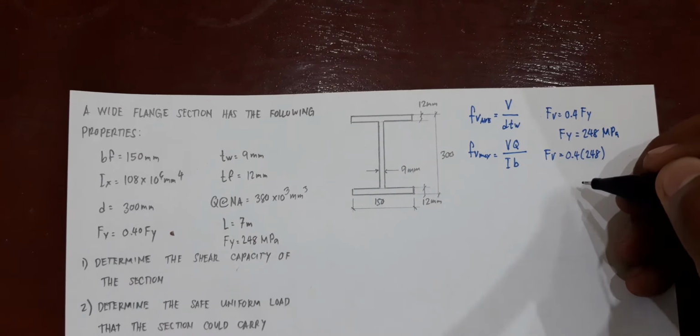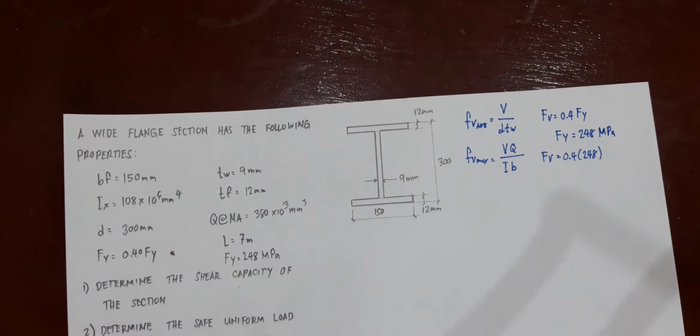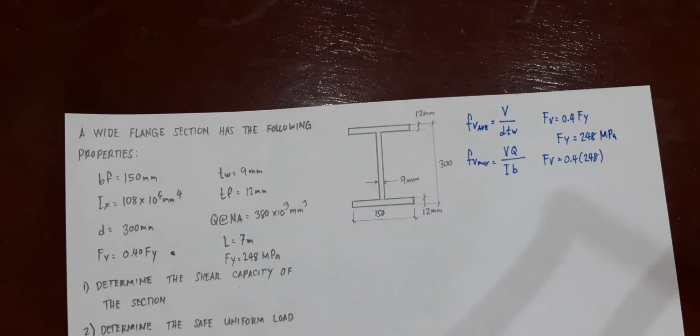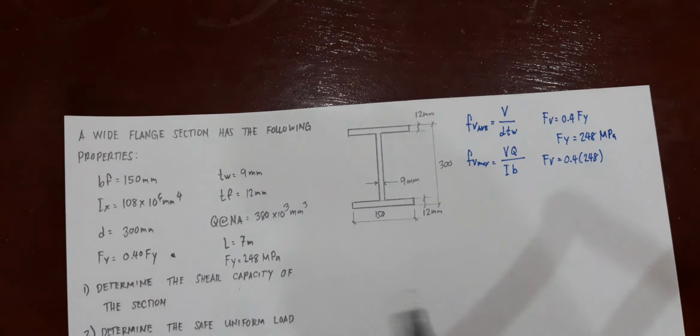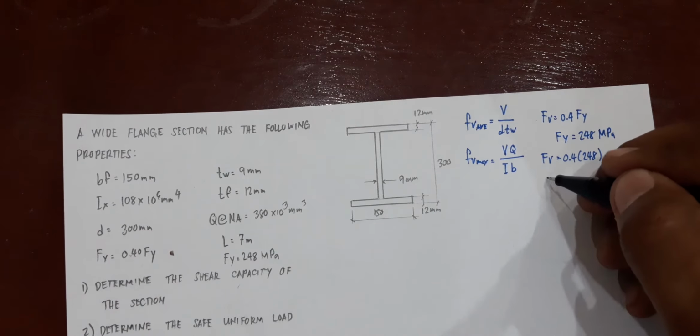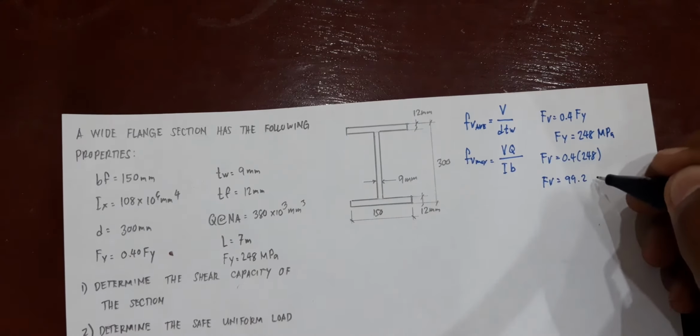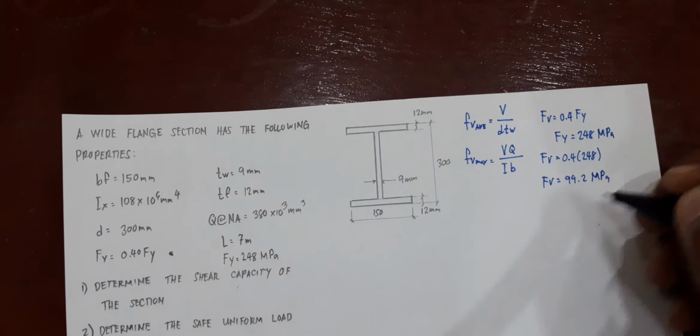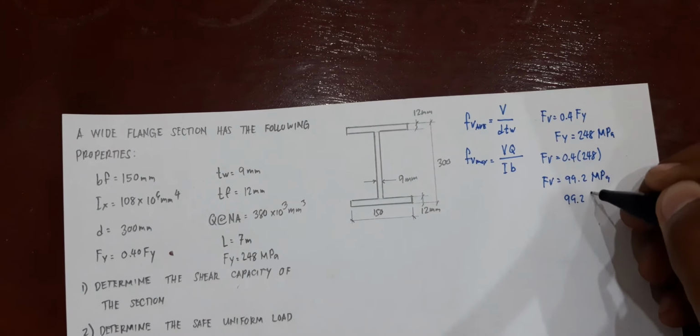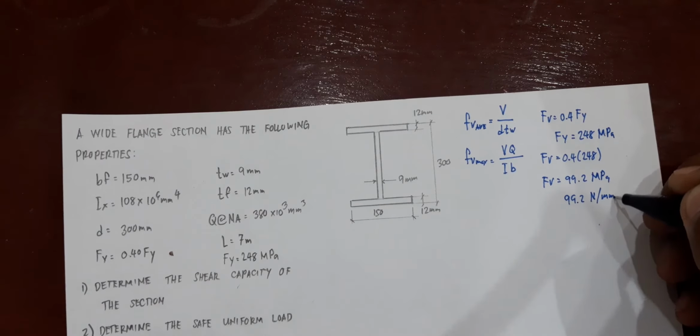That will give you Fv equal to 99.2 megapascals, or 99.2 newtons per mm square.